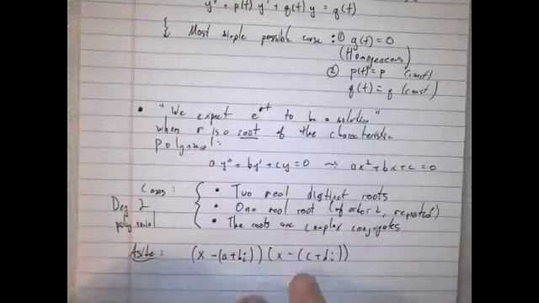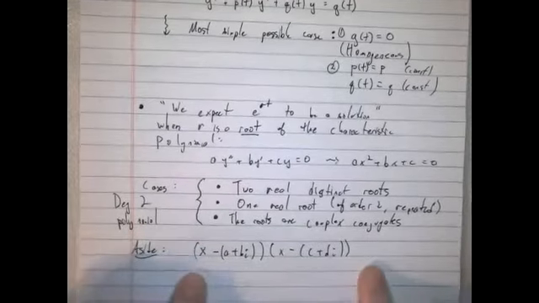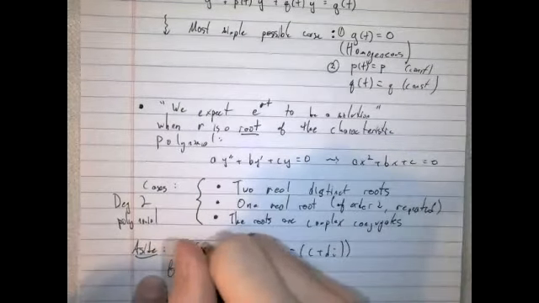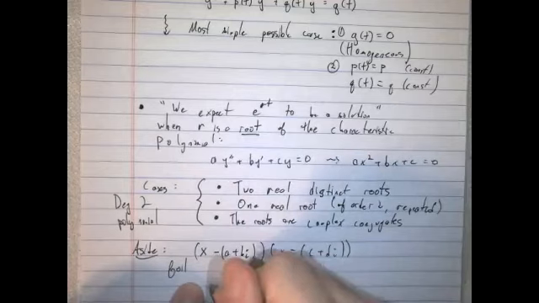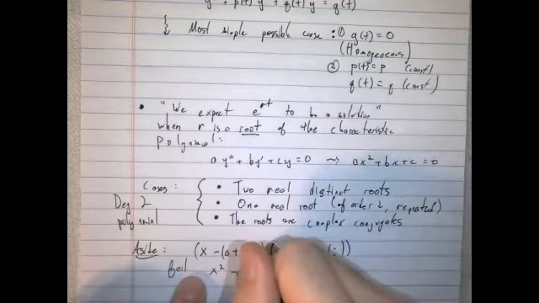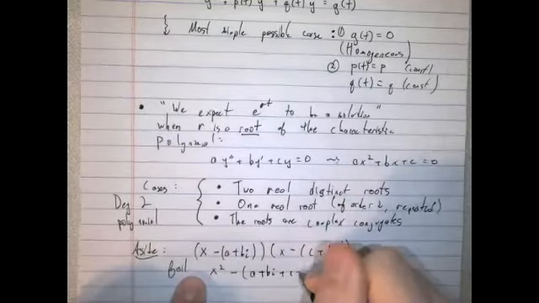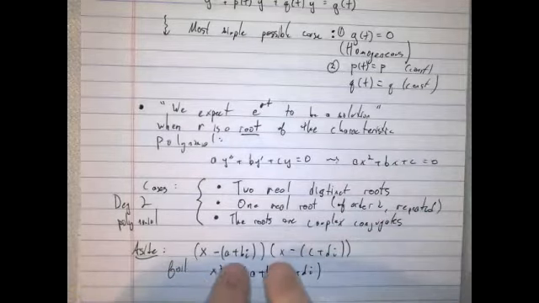So here I'm saying I've got a polynomial with two complex roots. And then if I FOIL, what I'm going to get is x squared minus (a plus bi plus c plus di), right?